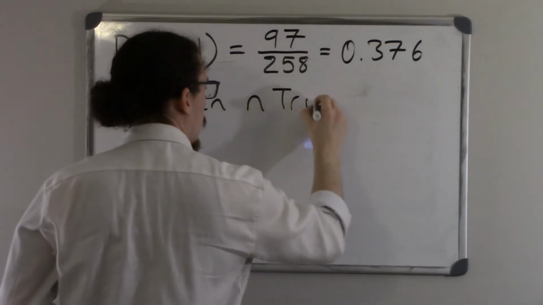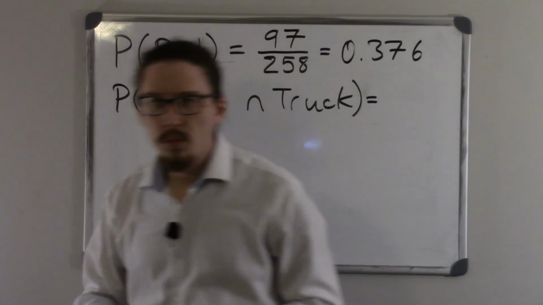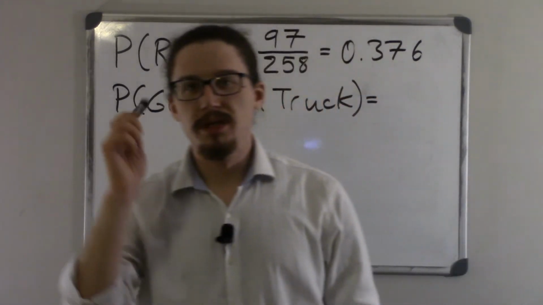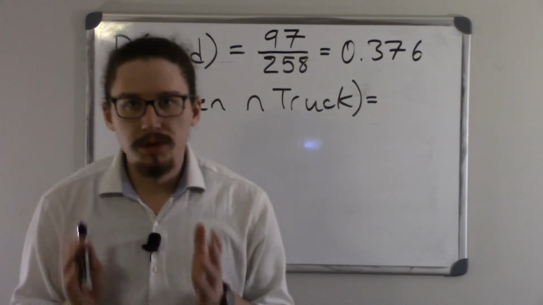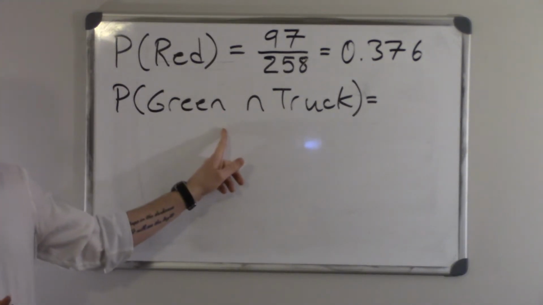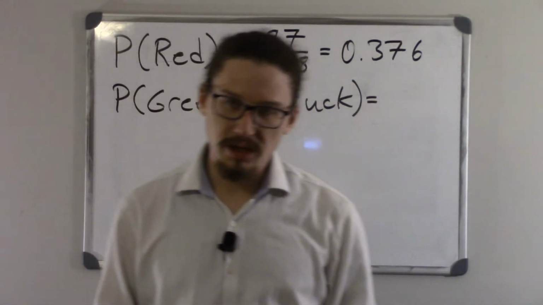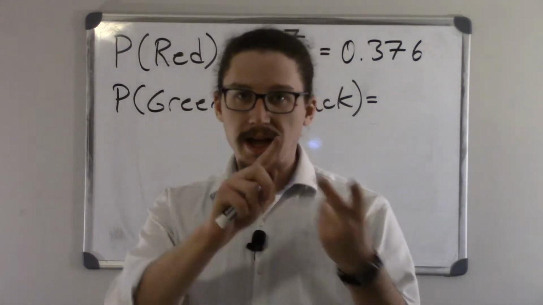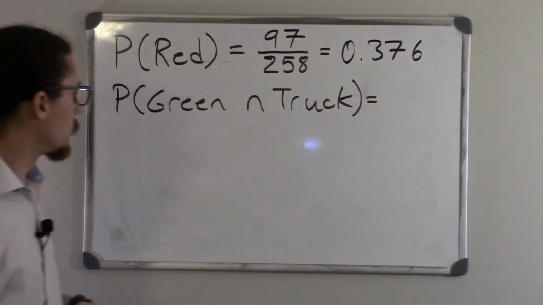All right, so let's say I want to know what is the probability that you see a green truck? If I ask that, then hopefully we should know that we're talking about an intersection, right? Because a green truck would have to be a truck that is both green and a truck, so green and truck. That's an intersection.